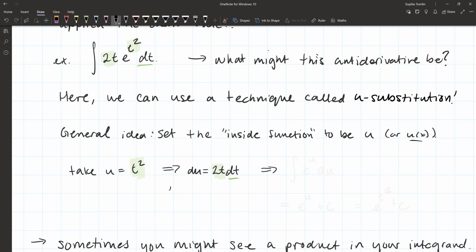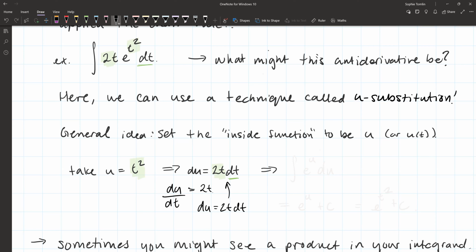So du dt is equal to 2t. But then we only want things in terms of u right now, so it makes it a little bit easier when we go to substitute it back into our function. So we have du is equal to 2t dt, like that.